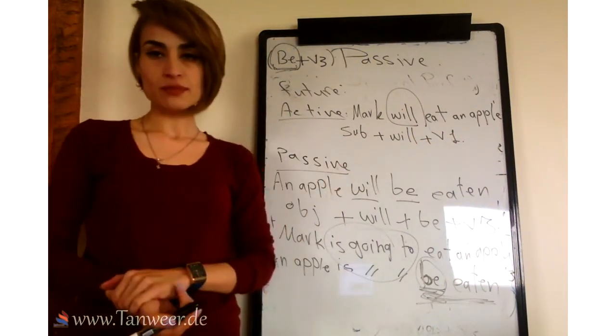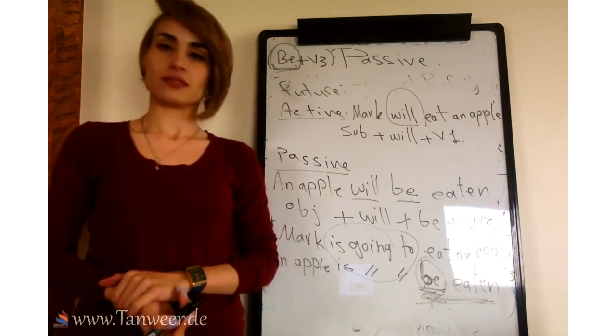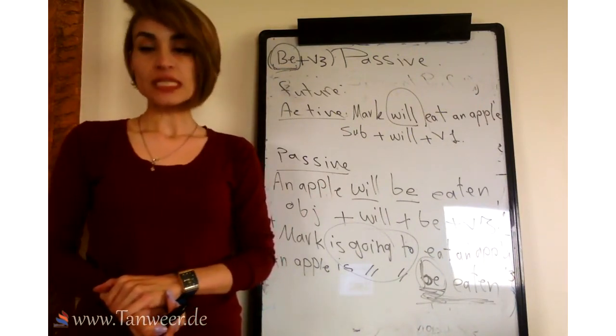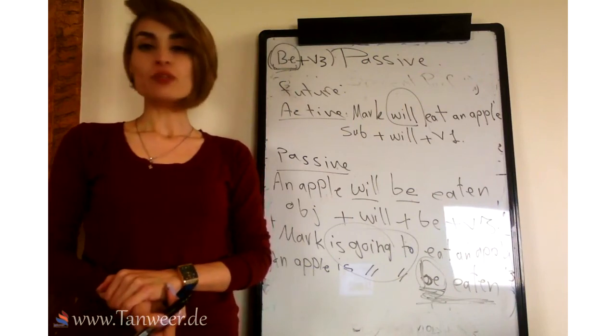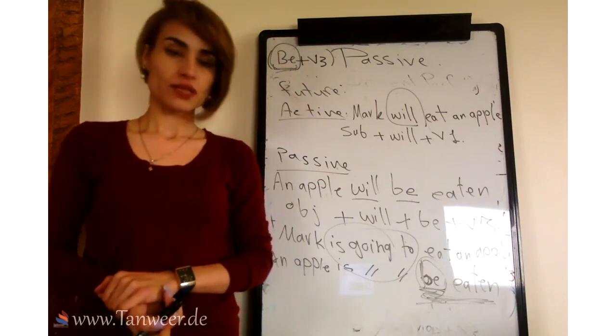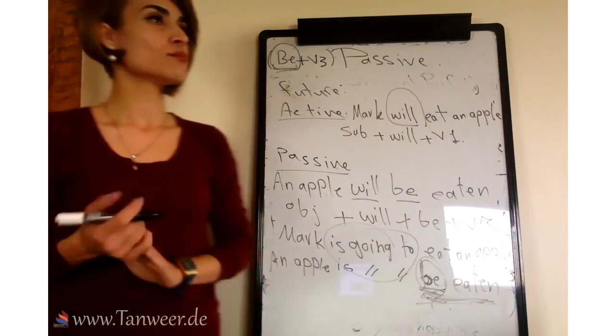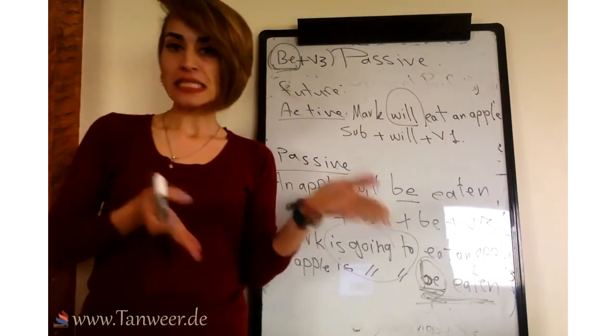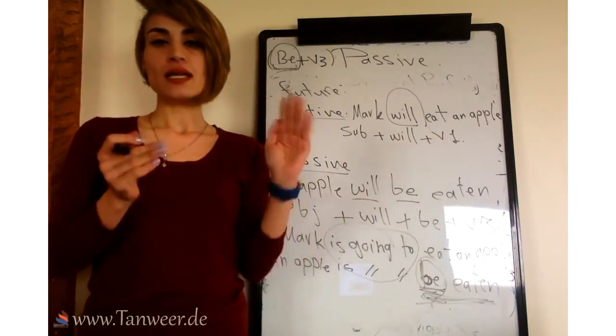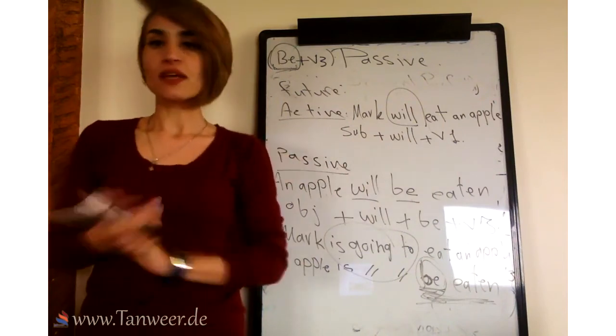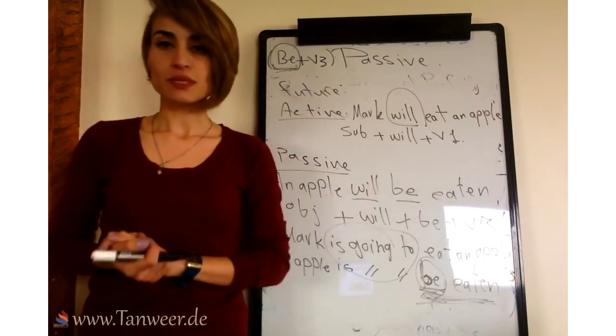With modals, let me say this orally. Mark can eat an apple. An apple can be eaten. Okay? Mark should eat an apple every day. An apple should be eaten every day. Okay? Mark might eat an apple every day. An apple might be eaten every day. Simply, okay?